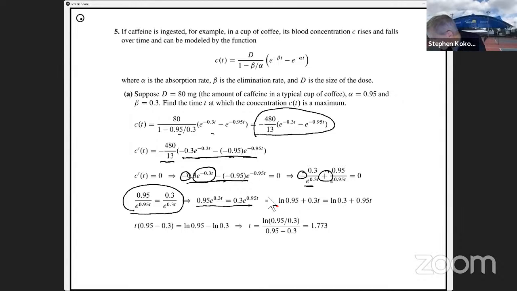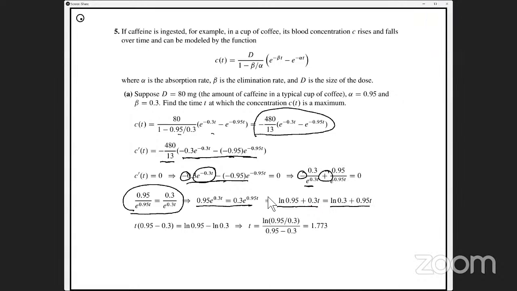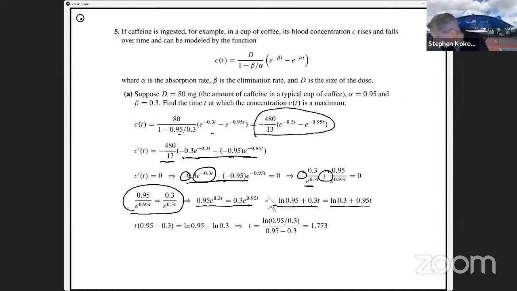And I've used some properties of logarithms here. The log of a product is the sum of the logs. And I know that the natural log and the natural exponential function are inverse functions. So there's my 0.3t. The other side is similar.